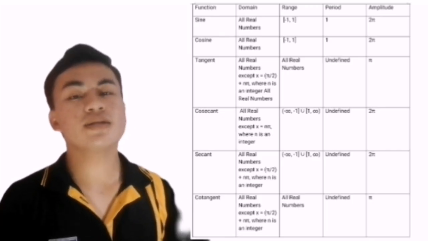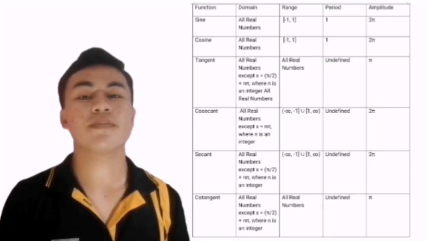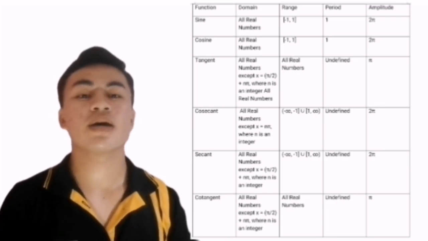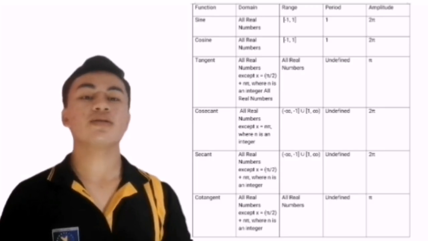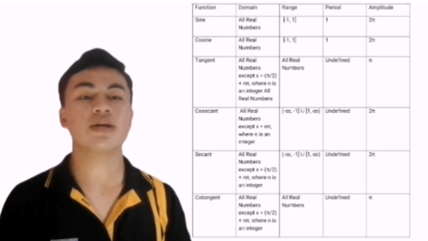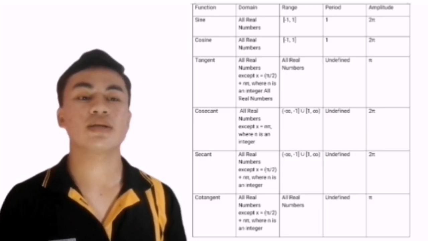Cotangent, its domain is all real numbers except x equals n pi, where n is an integer. Its range is all real numbers, while its period is pi and its amplitude is undefined. Let's move on to the effect of changes in period and amplitude.